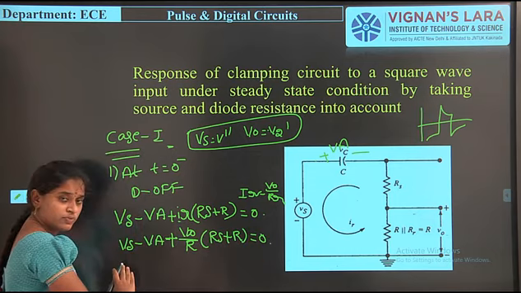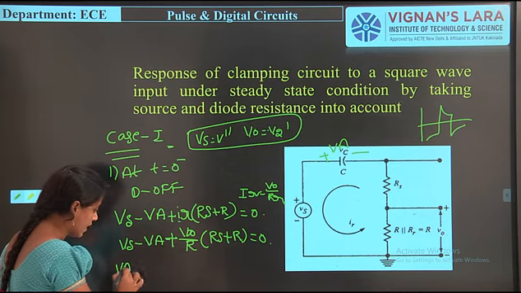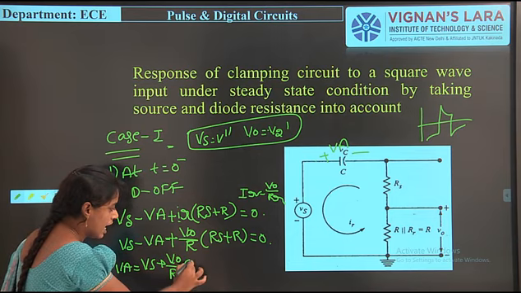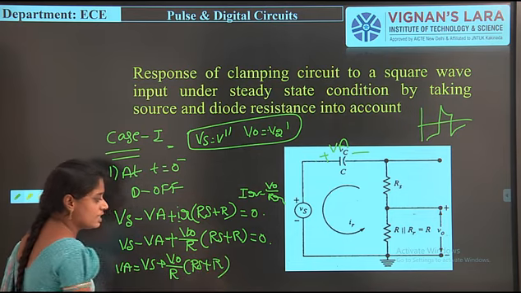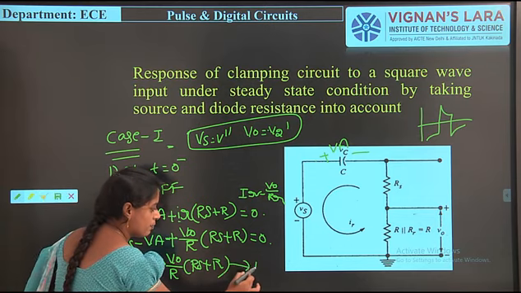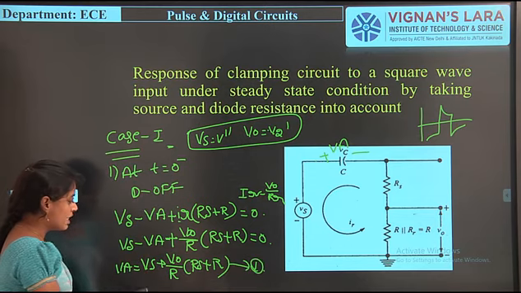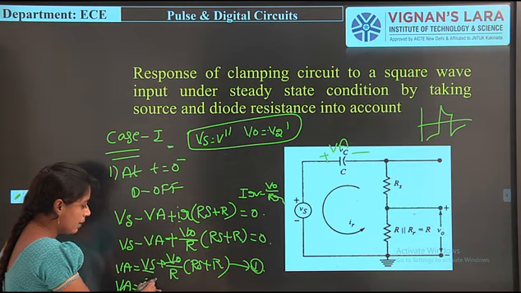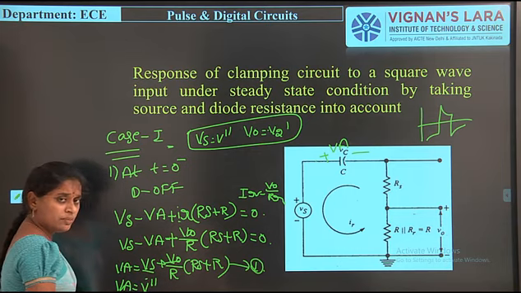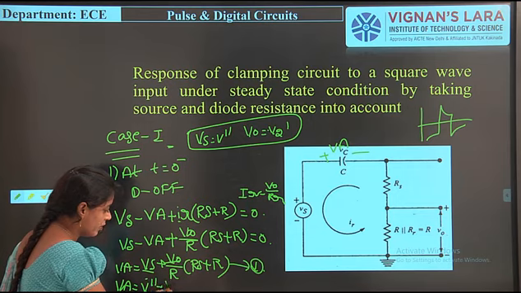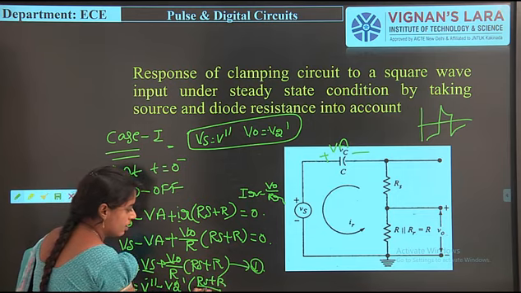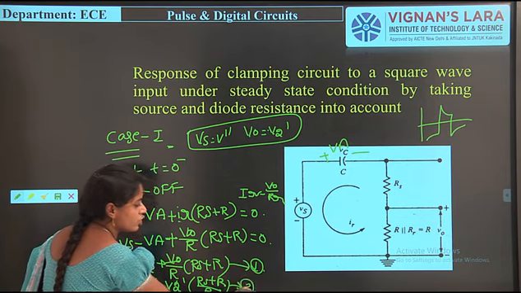Now I shift the Va signal to this side, that is Va is equal to Vs plus V0 by R into Rs plus R. This is taken as equation number 2. In this equation I substitute the Vs and V0 terms. Vs is equal to V double dash, and V0 is nothing but minus V2 dash, so Va is equal to V double dash minus V2 dash Rs plus R by R.